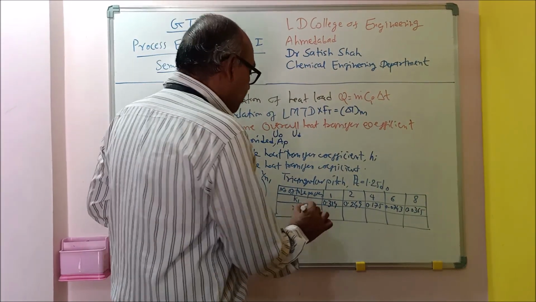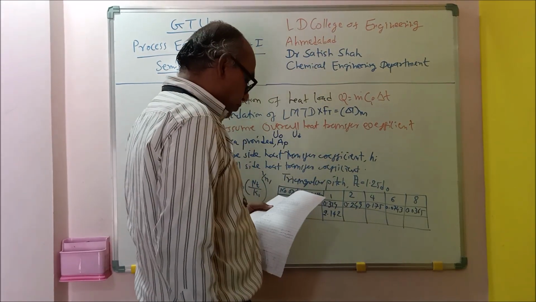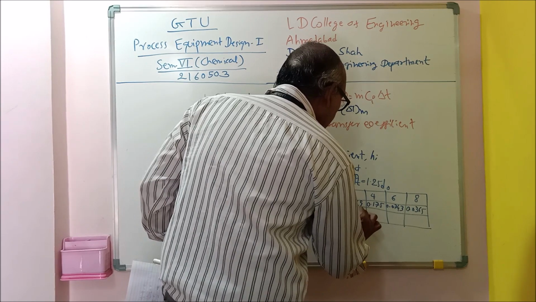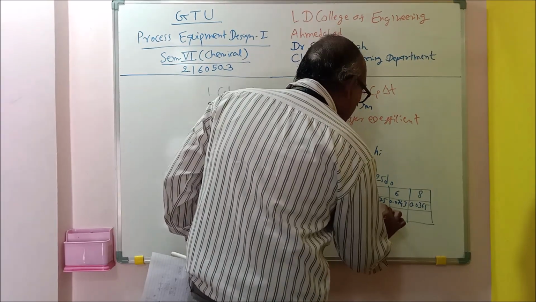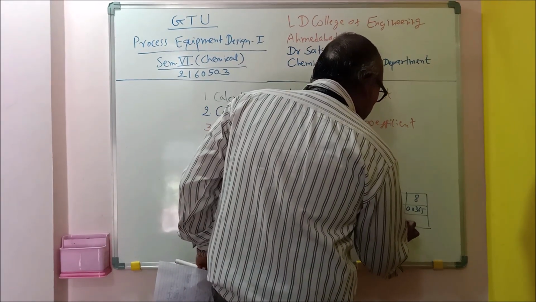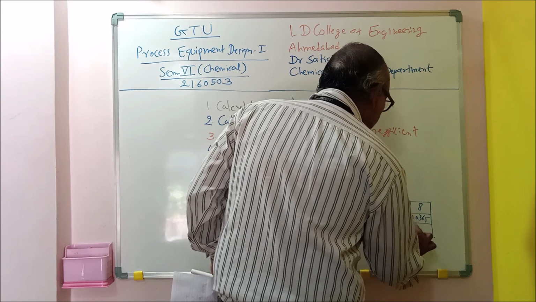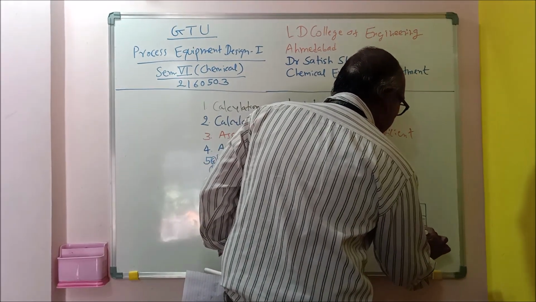And N1 will be 2.142, this will be 2.207, this will be 2.285, this will be 2.499, and this will be 2.675.